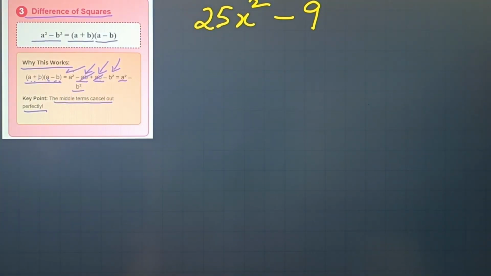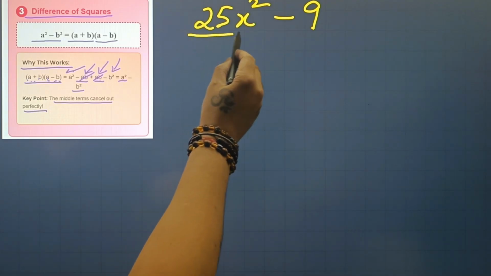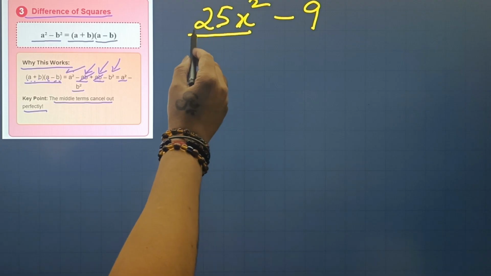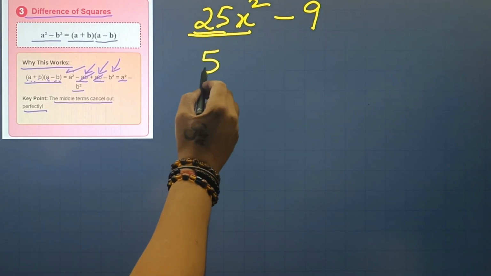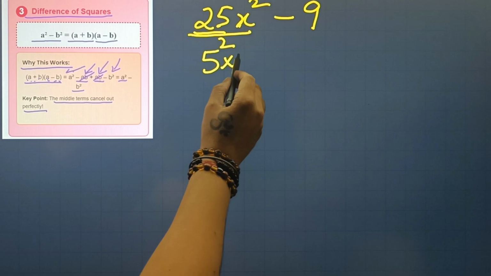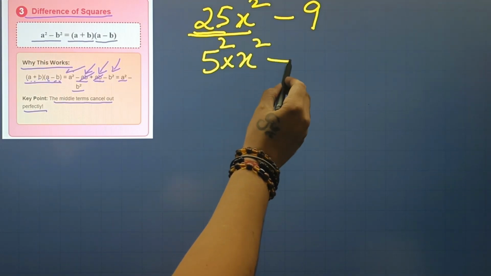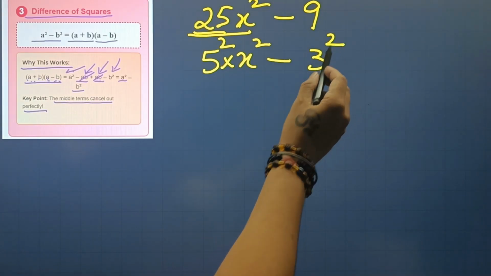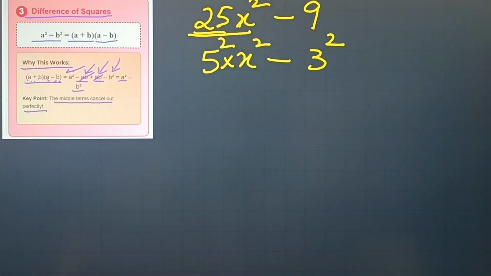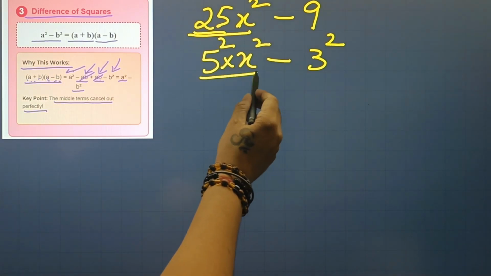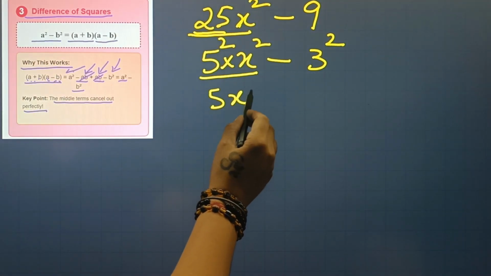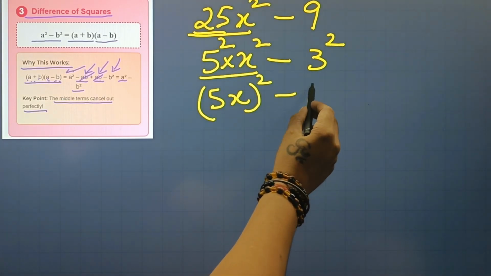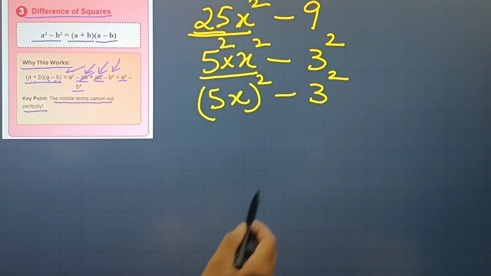Now here we have 25x raised to the power 2 and we can write this 25 as 5 raised to the power 2 into x raised to the power 2, minus 9 can be written as 3 raised to the power 2. Now these two terms can be written as 5x raised to the power 2 minus 3 raised to the power 2.